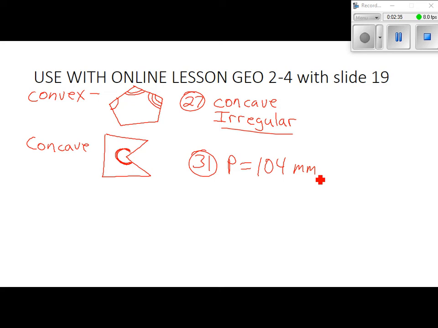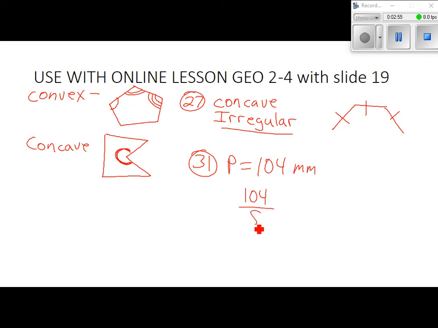It's an octagon? I apologize, I said X. So it's an octagon because it's got 8 sides. What do we know about all the sides in this one? What do all those little markings tell us? They're all congruent. So what are you going to do with 104 to find the length of each side? Divided by 8.